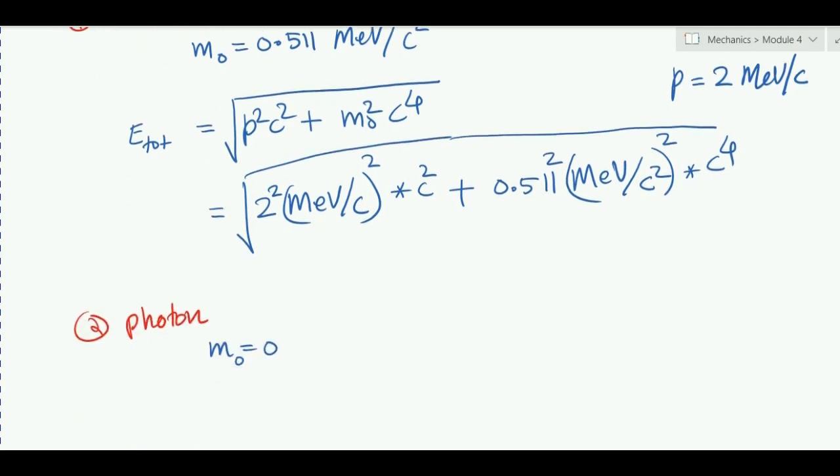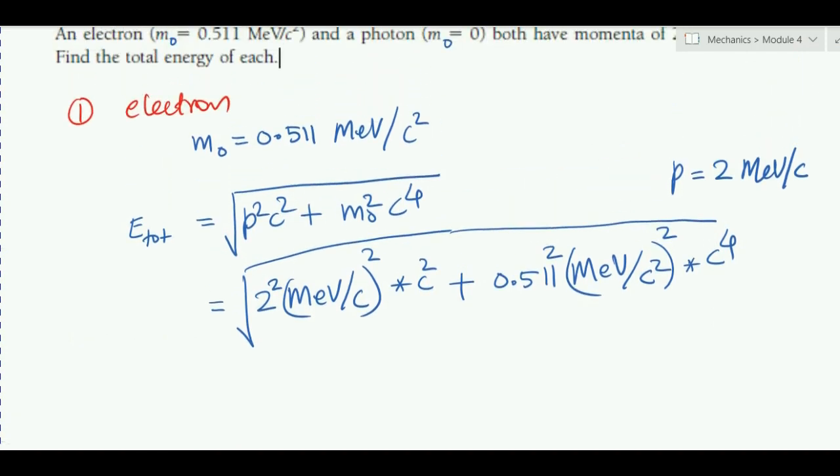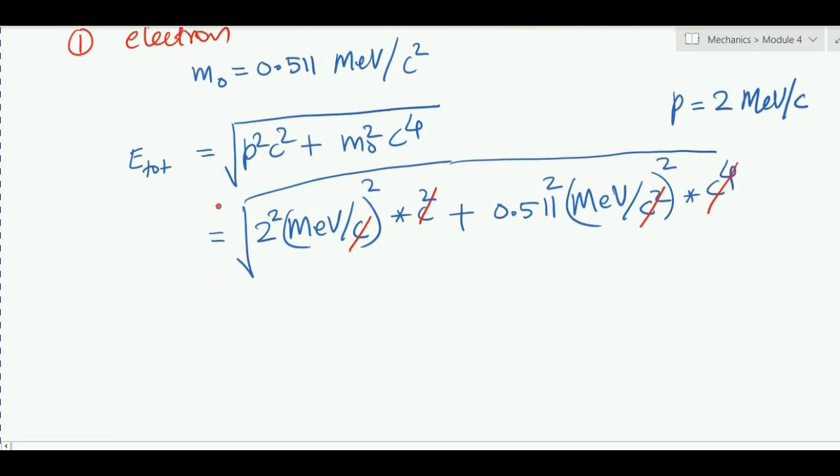Now if you try to simplify this, what do you get? This c square will go with this c square, so this is 4 here, and this c power 4 will go with this c power 4. So this is the advantage of using these units. You don't have to substitute for c square.